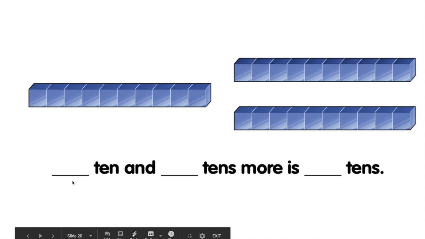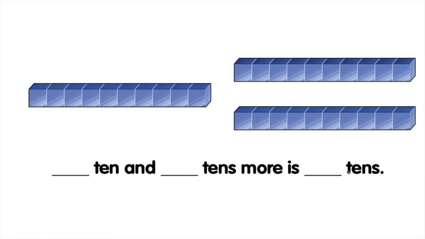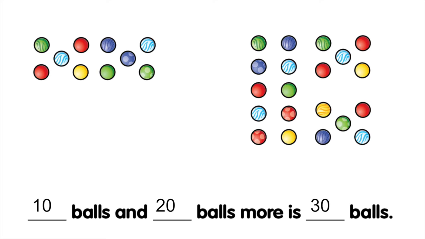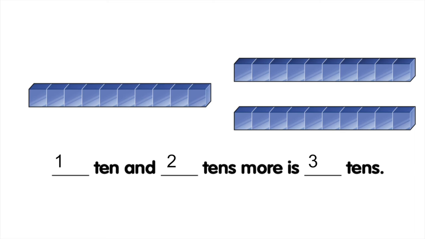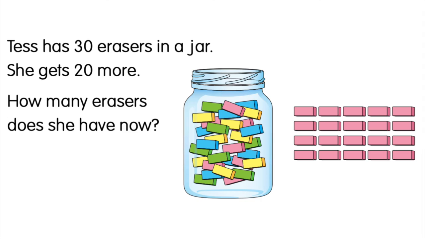This number of 10s and this number of 10s is how many 10s in all? 1 ten plus 2 tens is 3 tens. This was the same problem as it turns out. 10 and 20 make 30, and 1 plus 2 make 3.